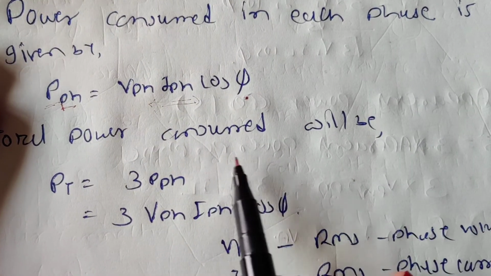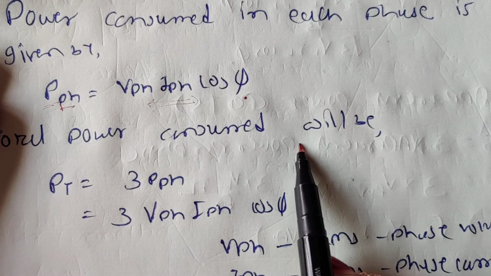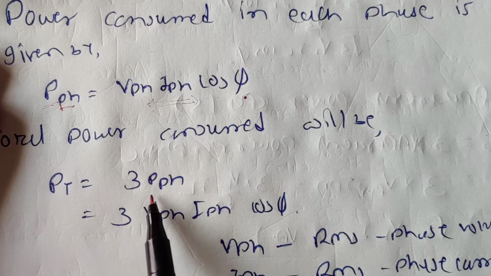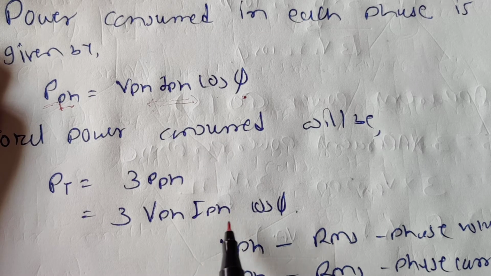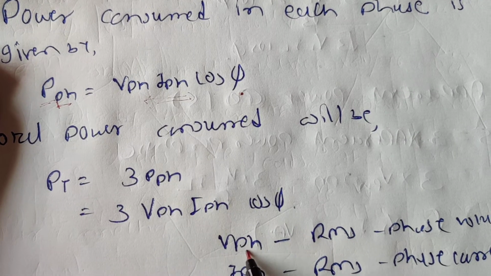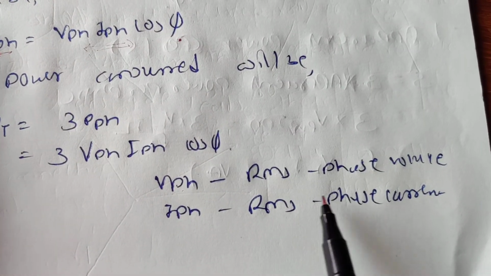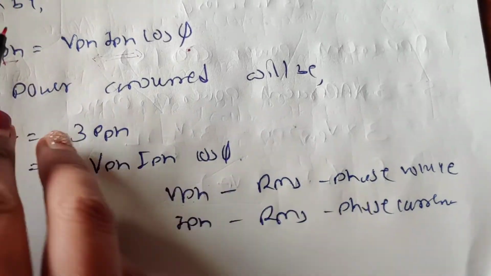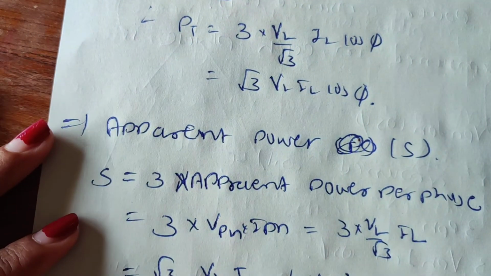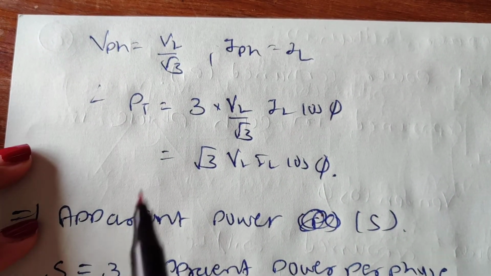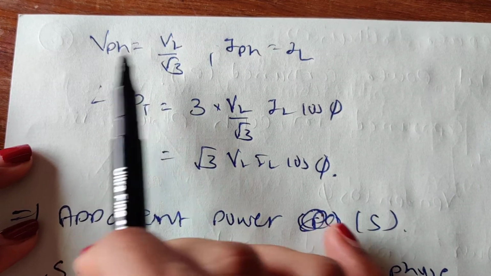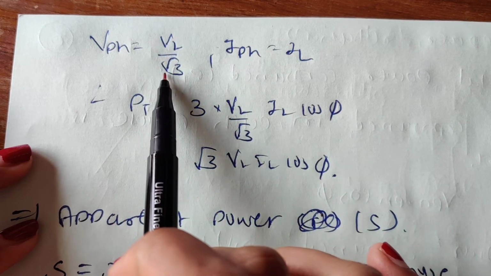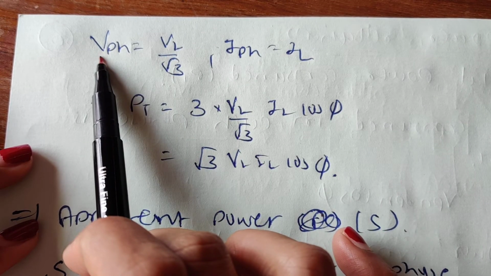So the total power consumed, PT, is equal to 3 P_PH, so 3 times VPH IPH cos phi, where VPH and IPH are the RMS phase voltage and the RMS phase current. In a previous lecture we studied that line voltage is root 3 times the phase voltage.